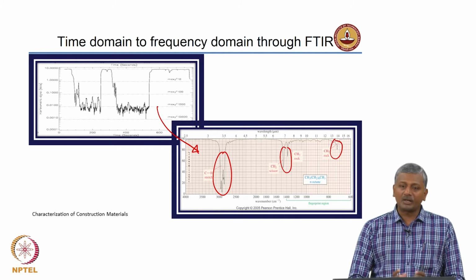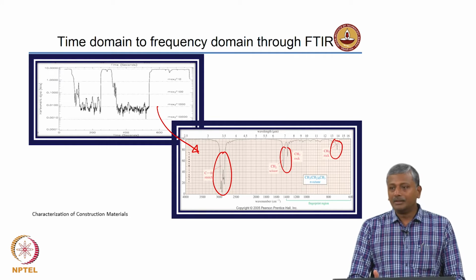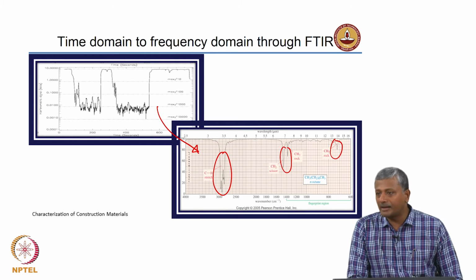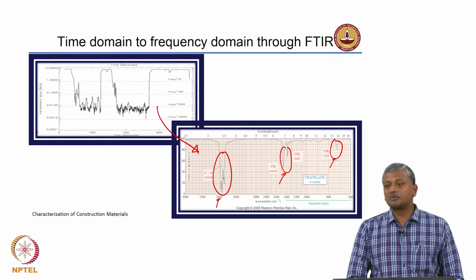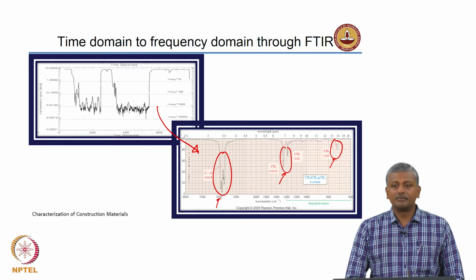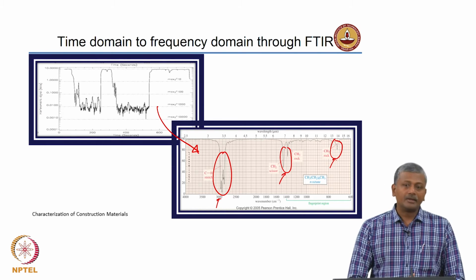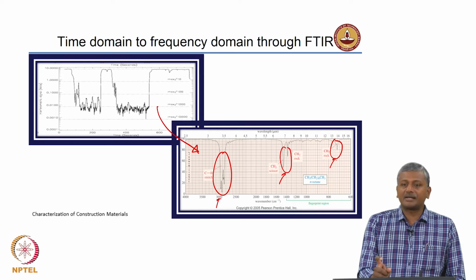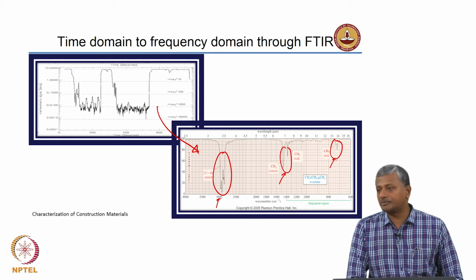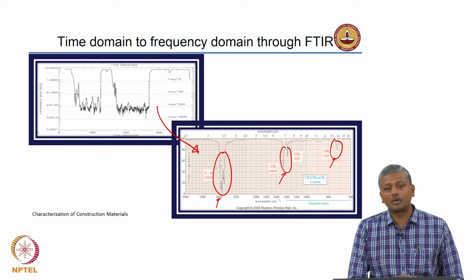Of course, what we are concerned with is the end result, and we have to understand how to analyze it. For example, when we look at these patterns, we need to understand what is responsible for causing these specific peaks. There are bonds present in your system, and the molecular or interatomic vibrations that take place in the system lead to the generation of these peaks, which are standardized for different types of molecular or atomic combinations.